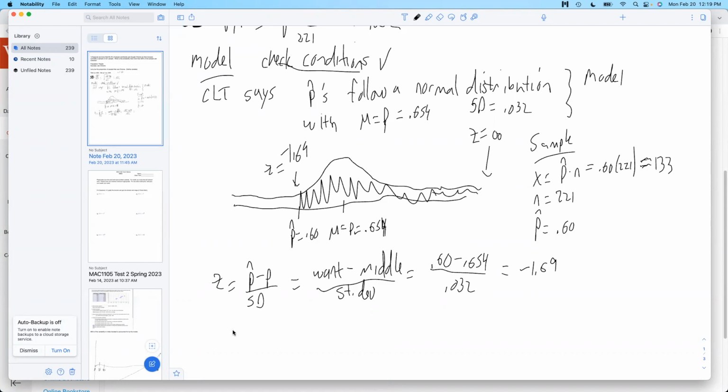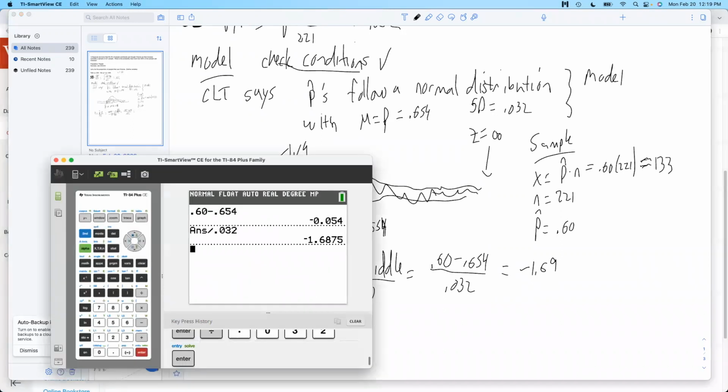So now I'm going to do normal CDF, smallest z-score to the biggest. Now, ideally, we would type in infinity, but I can't type that in the calculator, so I'm going to type in 99.